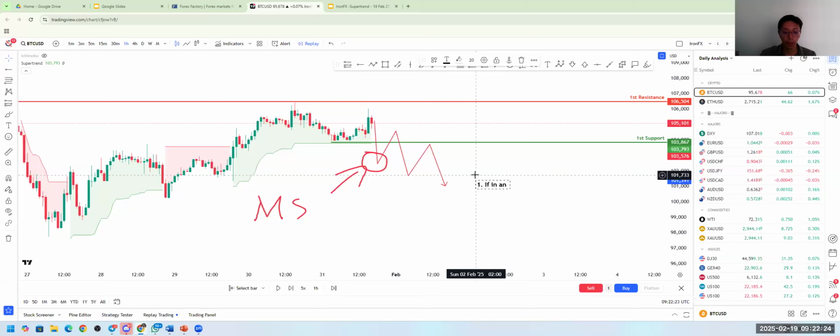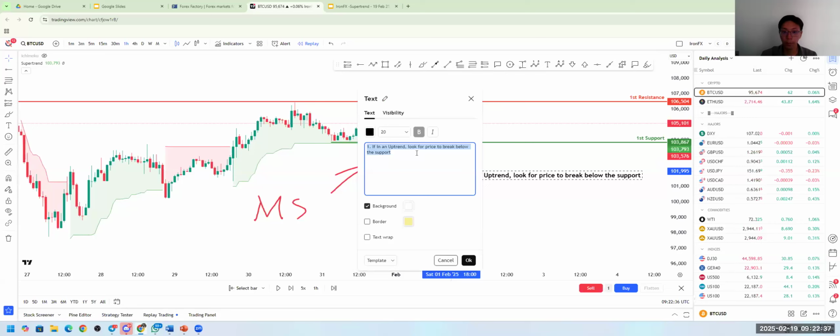If in an uptrend, look for price to break below these spots. Okay. Next thing, MSS, market structure shift.